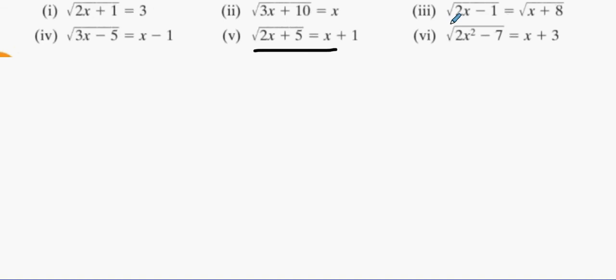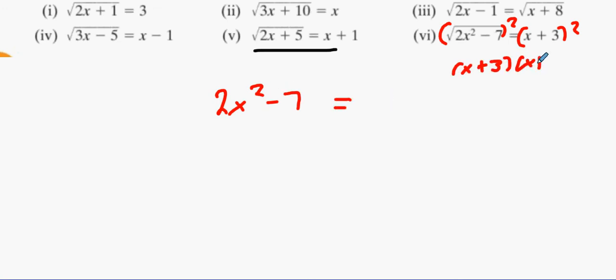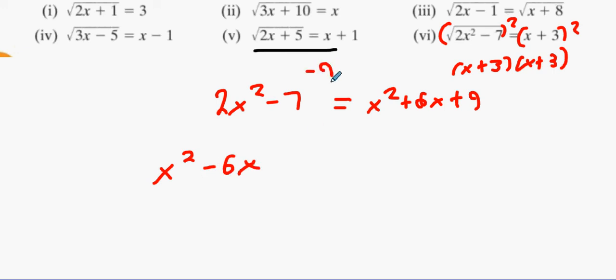Square both sides. And what you should get is 2x squared minus 7 equals x plus 3 multiplied by x plus 3. That gets you x squared plus 6x plus 9. You then get x squared minus 6x minus 7 minus 9, which is minus 16.